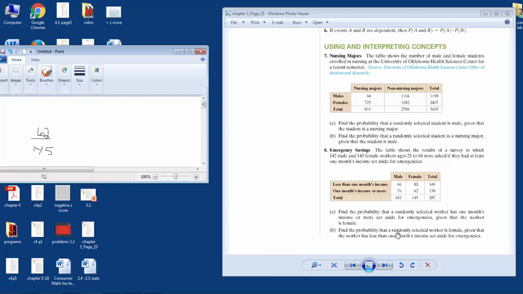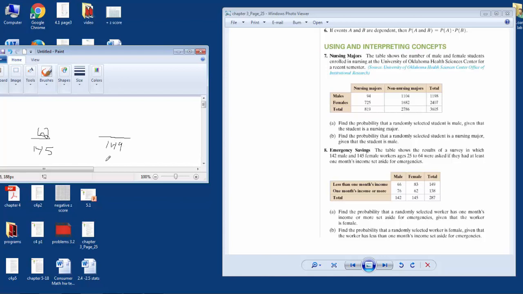Let's read the second one. Find the probability that a randomly selected worker is female, given that the worker has less than 1 month's income set aside for emergencies. Less than 1 month's salary put aside for emergency is 149 people, so we'll do 149 as our denominator.